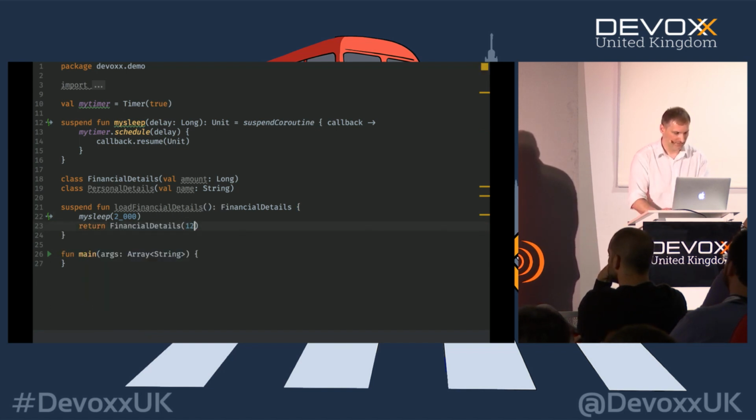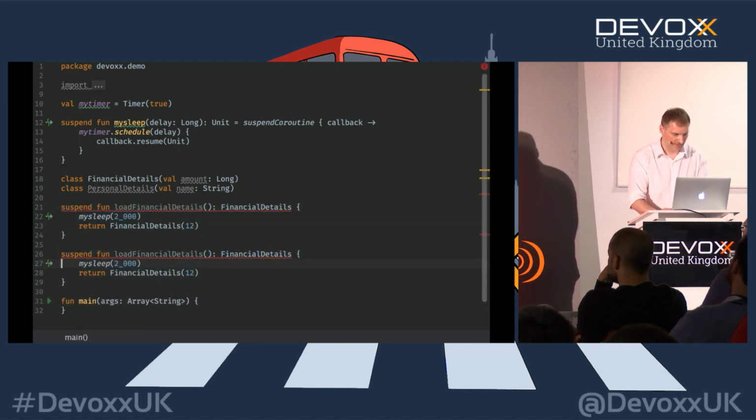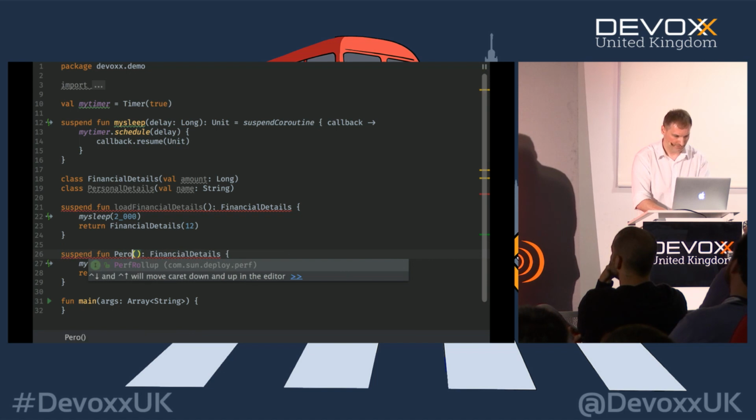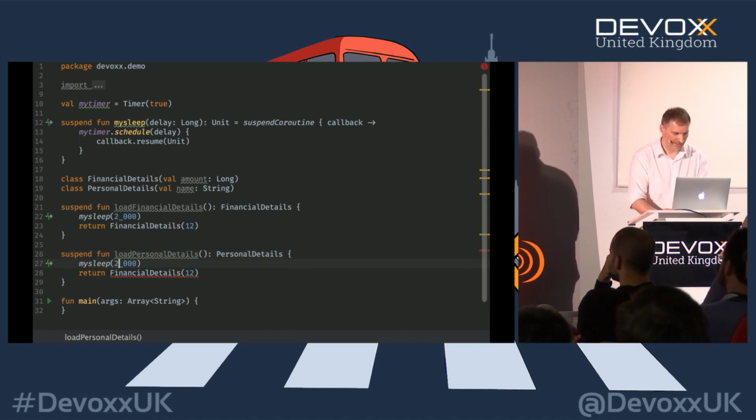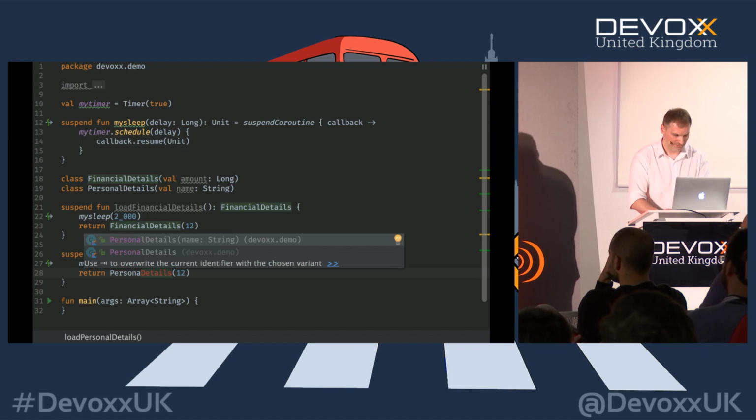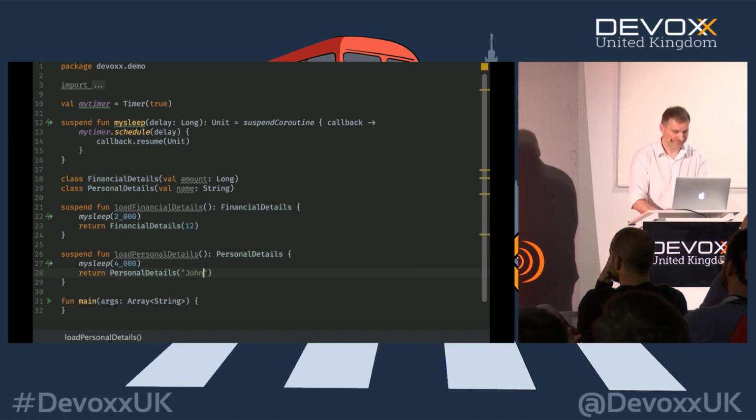Let's say 12. And we're going to need a second method for personal details. I'm typing too fast. Right. Okay, so here we're going to wait for 4 seconds and return personal details. Let's say it's John.